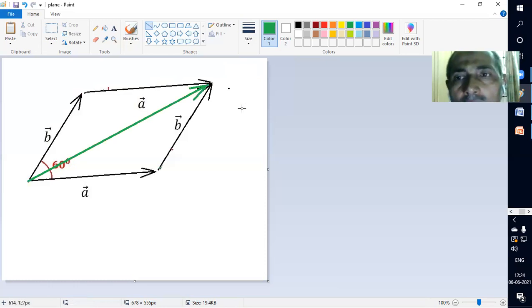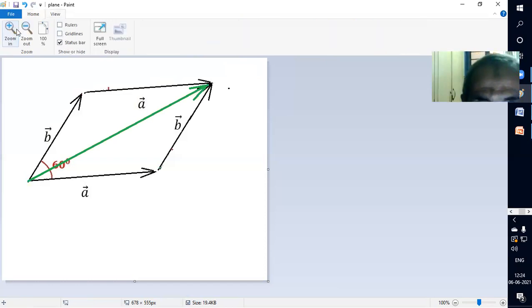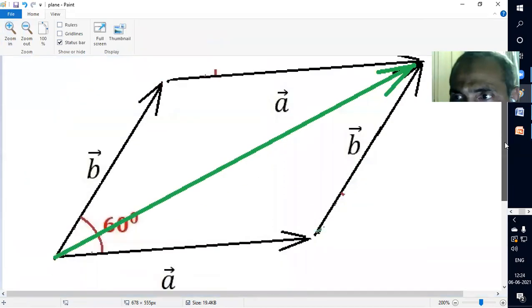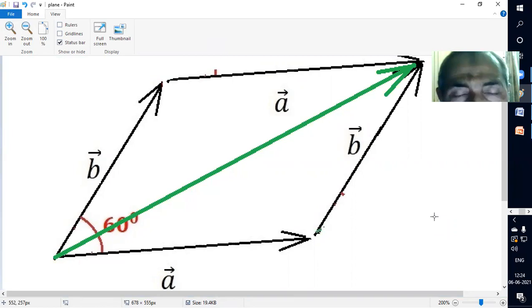Now, in the figure, it is clear. I'll just enlarge this figure. Here, this is a parallelogram. This parallelogram comprises two triangles. One triangle is above the green colored arrow and another triangle is below the green colored arrow.